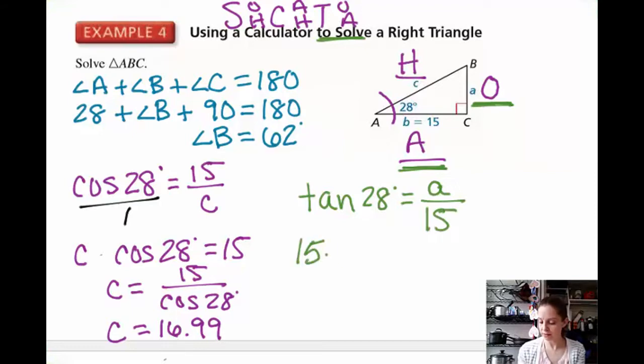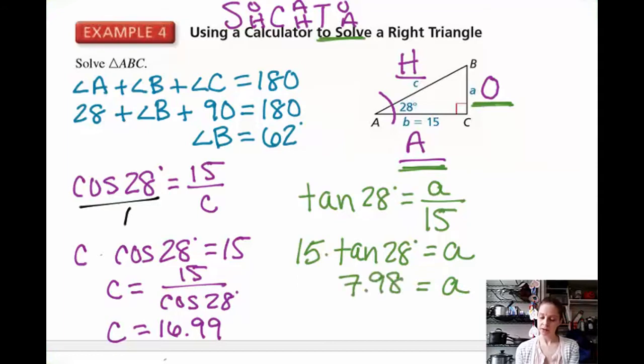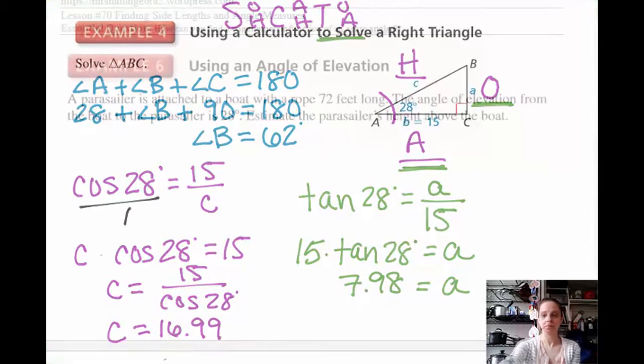So 15 times tangent of 28 degrees equals a. Put this in your calculator and we'll get that a is approximately 7.98. We now have all three sides and all three angles.